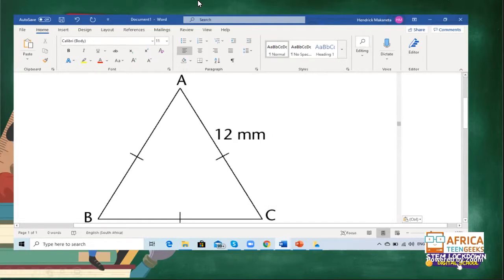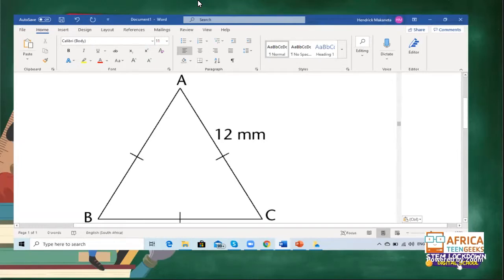Once you know the name of the triangle, then you will be able to calculate the perimeter without a problem. So you need to firstly define your triangle. What type of triangle is this? Junior, I'm going to give you a chance to reflect. What type of triangle is this in front of you now?